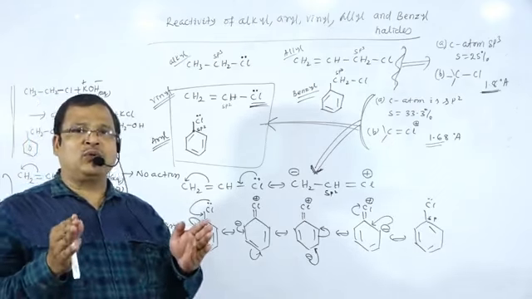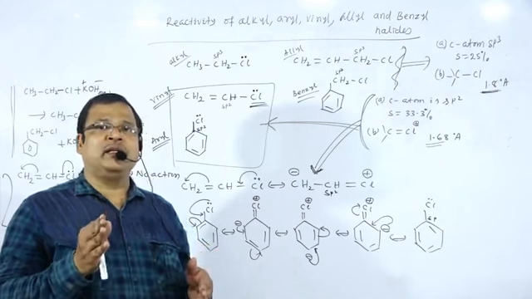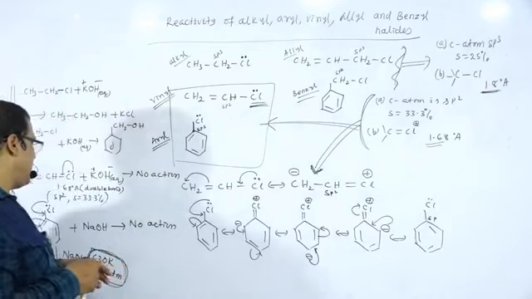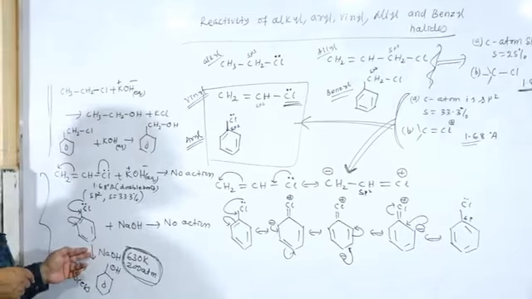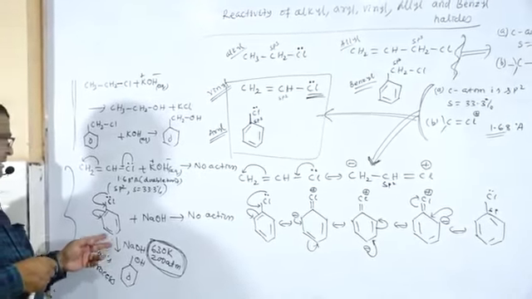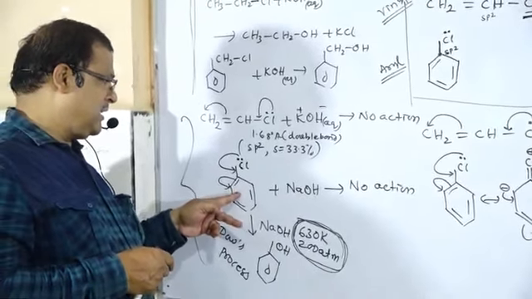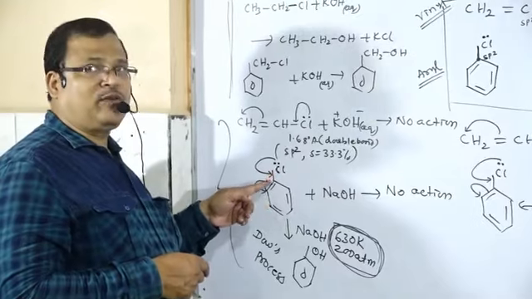But if you want to replace this chlorine atom by a nucleophile, we have to apply drastic conditions, just like the Dow process which we have explained. In chlorobenzene, the chlorine atom attached to benzene has carbon-chlorine double bond character.